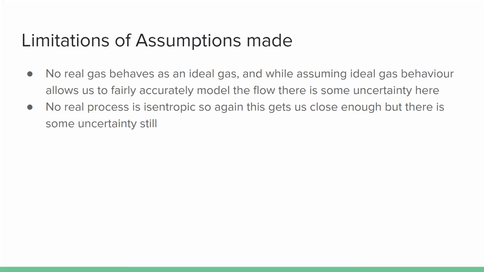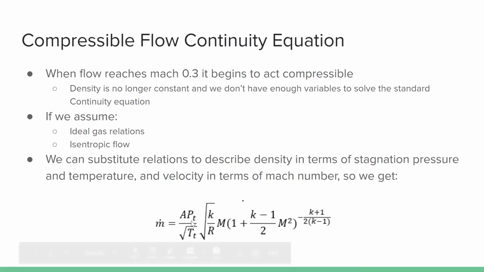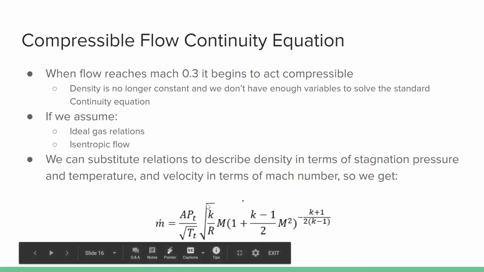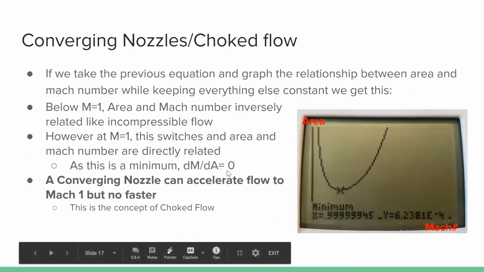Okay, so let's see. As always, we make assumptions, and there are limitations to those assumptions. I think this slide is kind of less in depth than the one for the first one, because it's a lot of the same assumptions. So we assume ideal gas when we're doing all these flow stuff, especially since this equation, since we're plugging in a relation to find density, assumes that you have an ideal gas.